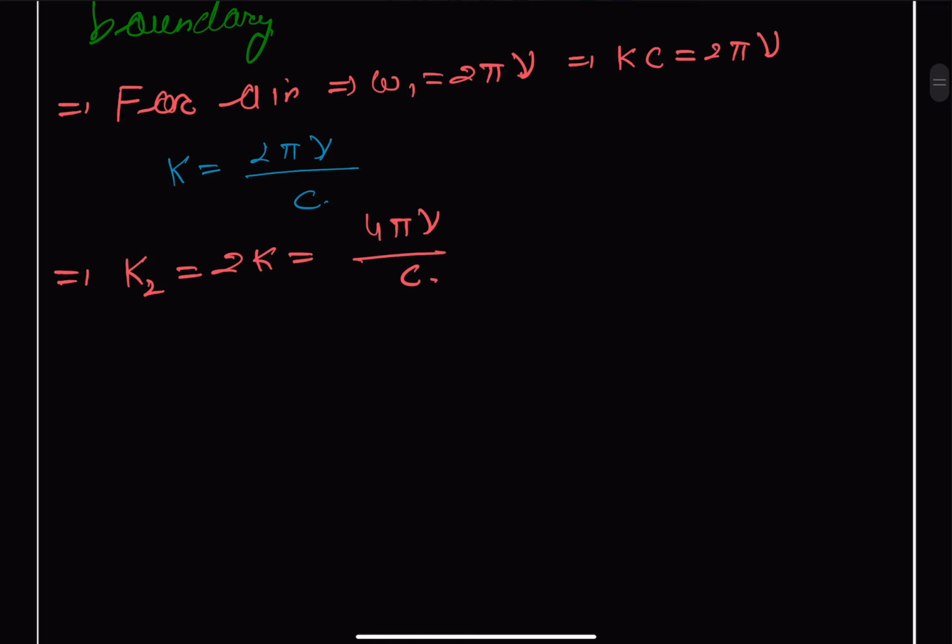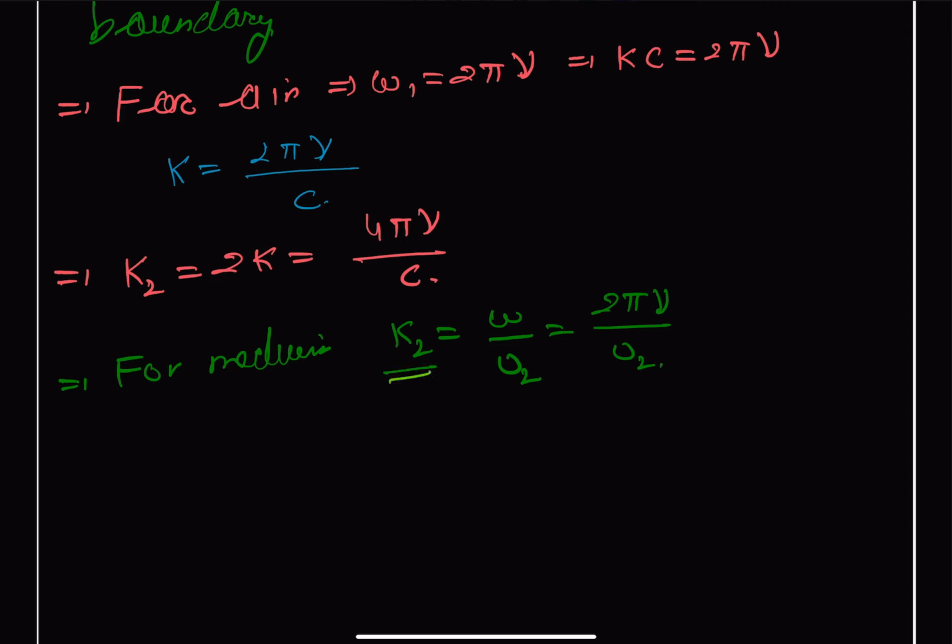And for the medium, we have our k2 is equal to omega upon v2, and omega already we know is our 2 pi nu upon v2.